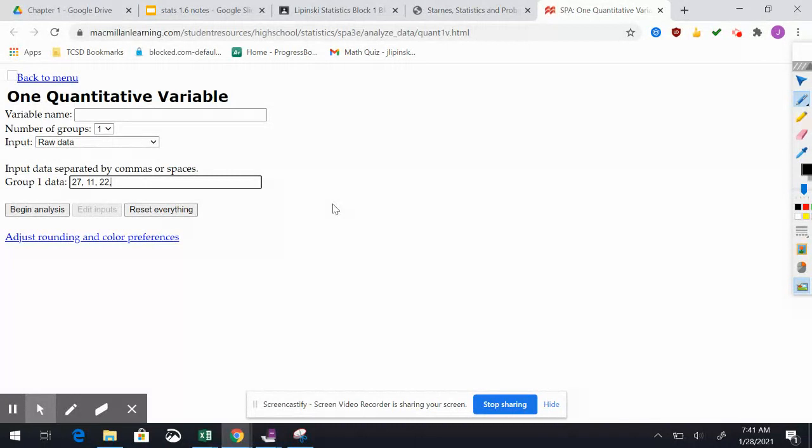So I can just go straight down the data, take a picture of it, and just enter it in there. It's a little time saving. Again, there's 12 of these, so there's potential that the median is not part of the data. Make sure that you enter all the numbers in there: 26, 27, 3, 4, 5, 6, 7, 8, 9, 10, 11, 12. Good, I got 12. So we go to begin analysis.